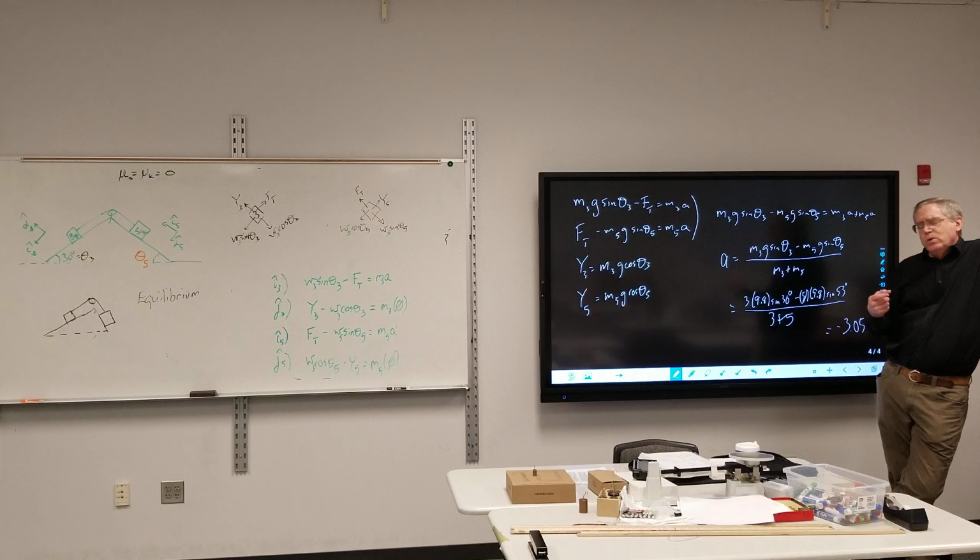Remember that we choose our coordinate system so that one of our equations, if we have two equations for a mass, one of the equations will be set equal to zero. But in this case, since acceleration is zero, what coordinate system will work best?